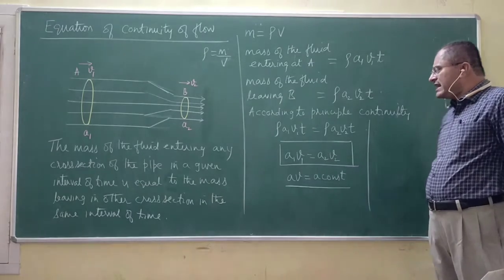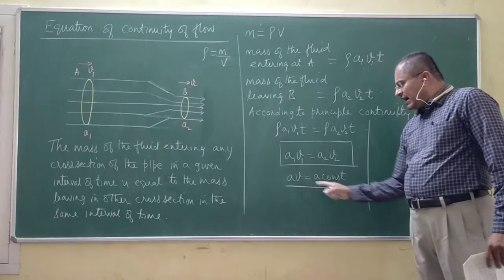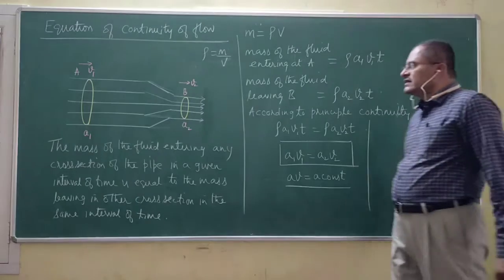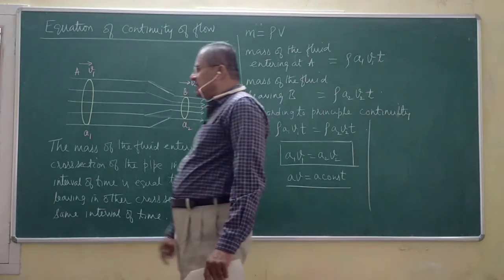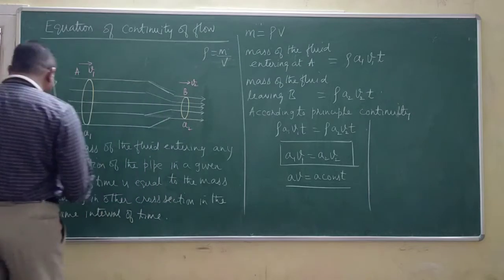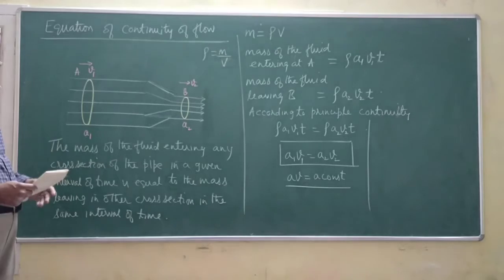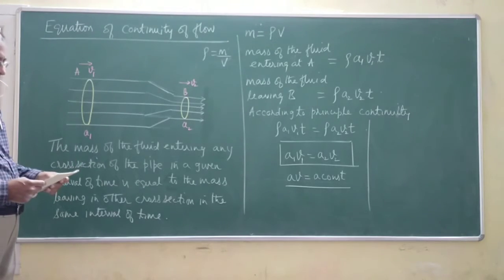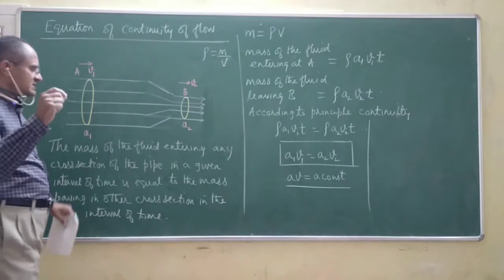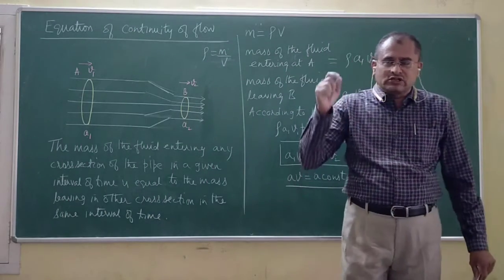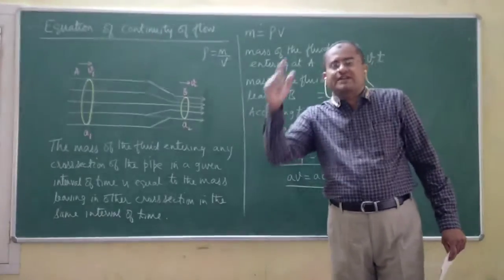You can see area and velocity are inversely related. Then the first point I would like to tell you here is the velocity of the fluid entering any cross section of the pipe is inversely proportional to its area of cross section.